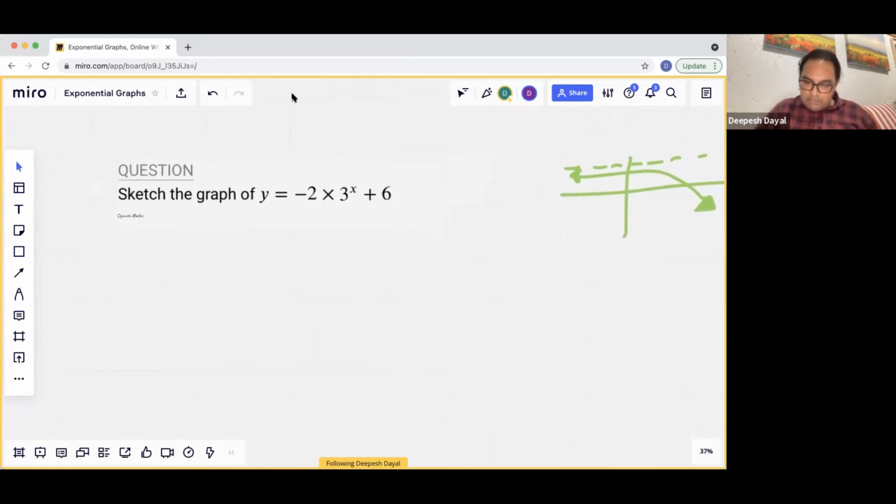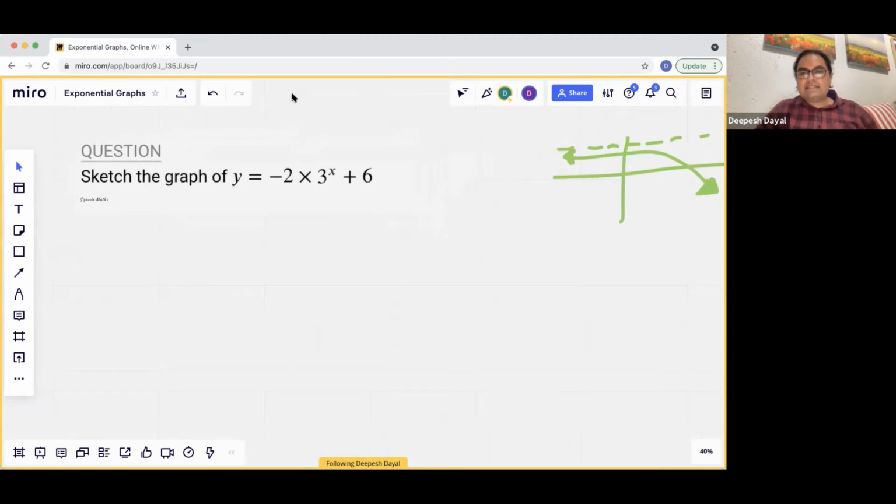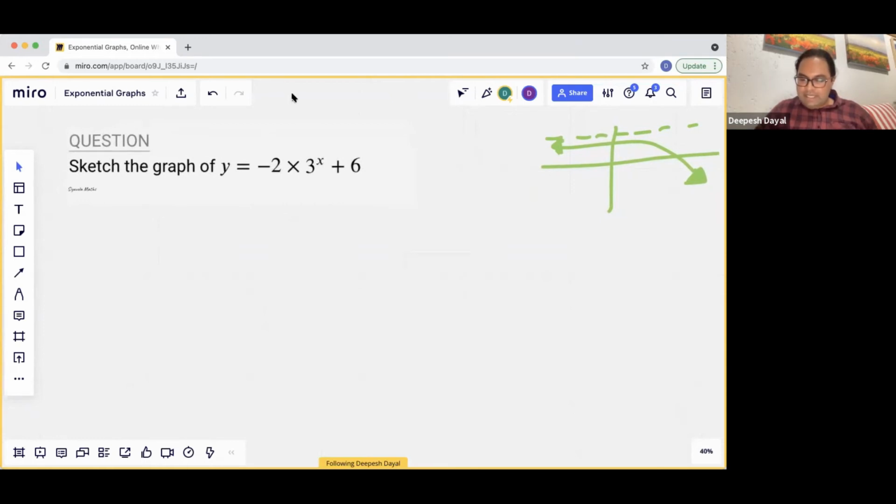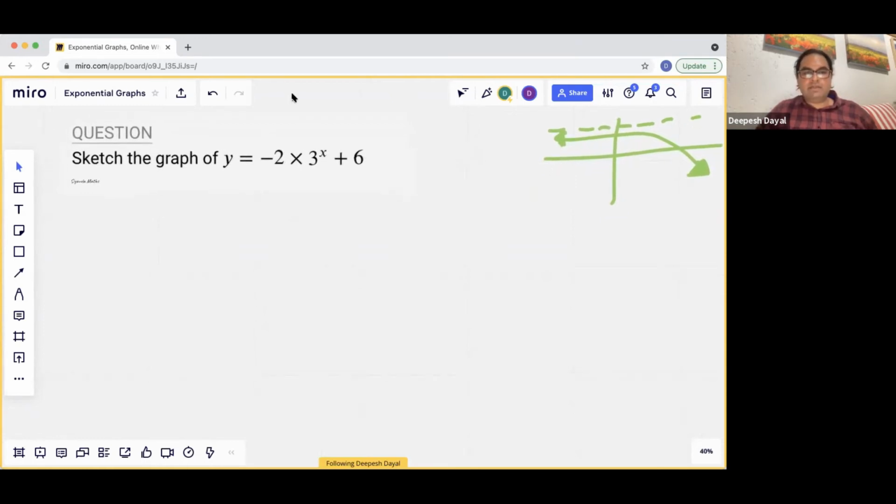So let's start. What do we always do when we draw graphs? What do we need to look for? We need to look for the x-intercept and the y-intercept, right? What happens at the x-intercept? What is y equal to at the x-intercept? Yes, y is 0.